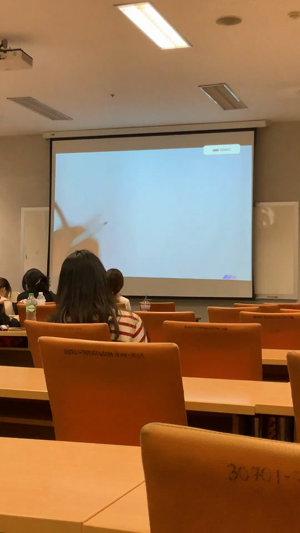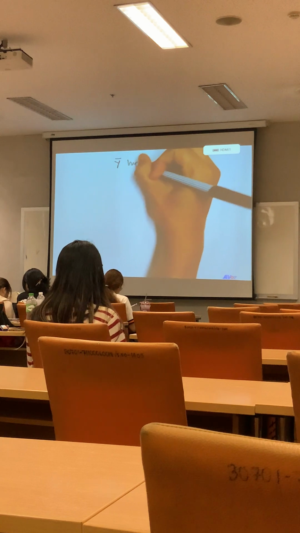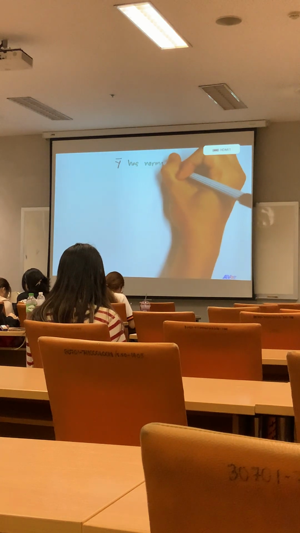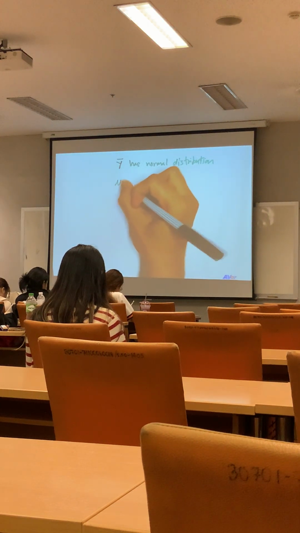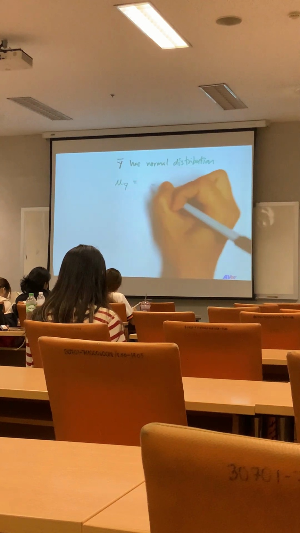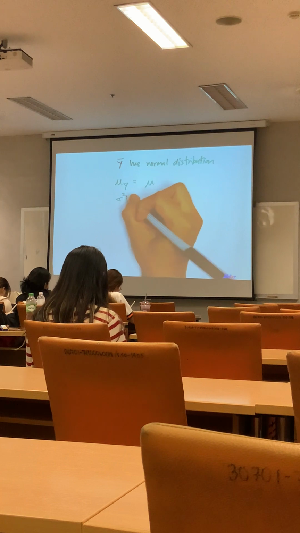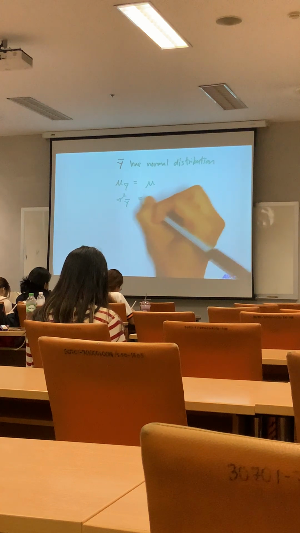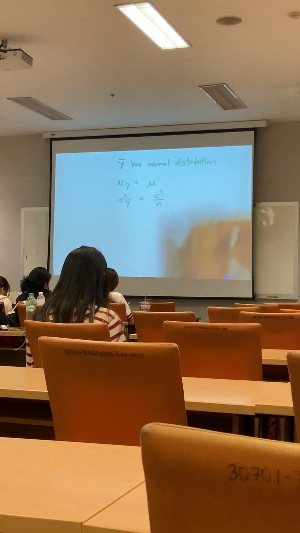So we talk about y bar having a normal distribution. And the mean of y bar is the true population mean, and the variance of y bar is the population variance divided by n.